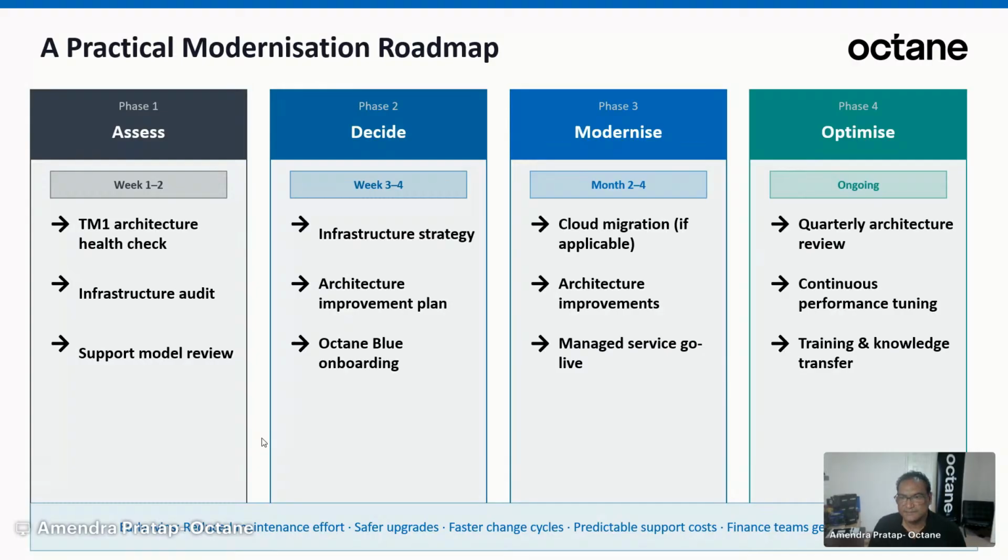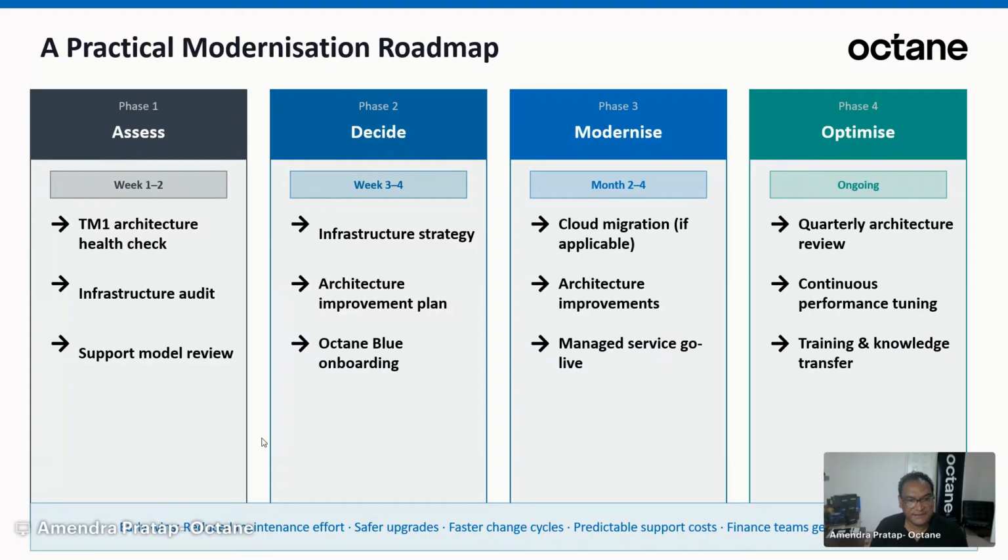The roadmap. Generally, if you're looking at modernization, you don't want it to be a modernization project that takes 18 months. So these are quick and easy steps that you can take, which will modernize your infrastructure and your architecture.